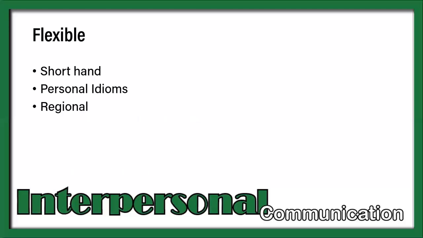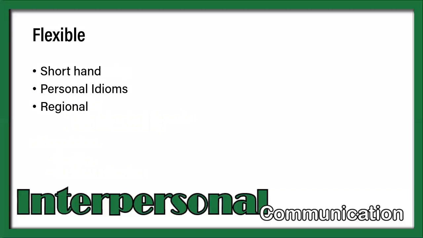When we are working with friends, maybe we have a shorthand. We talk to each other in language that somebody else might not understand. We always talk about twin talk, where they develop their own language.